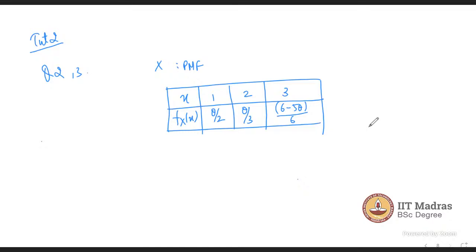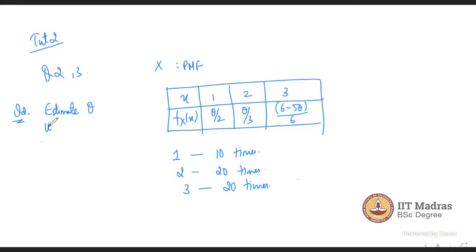Now you have taken a sample and there, 1 occurs 10 times, 2 occurs 20 times, and 3 occurs again 20 times. In question number 2, you have to estimate theta using the method of moments.